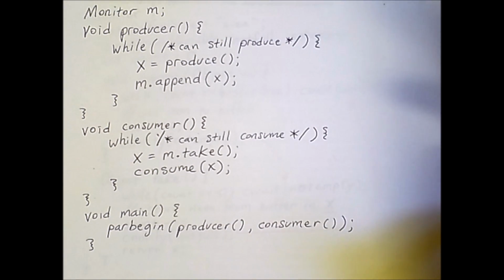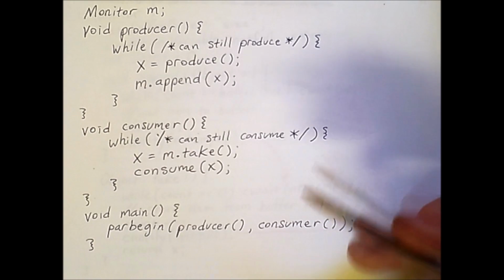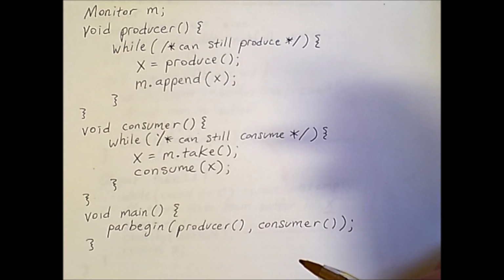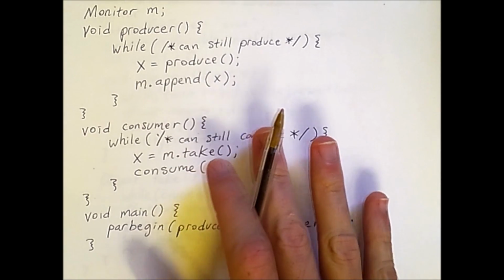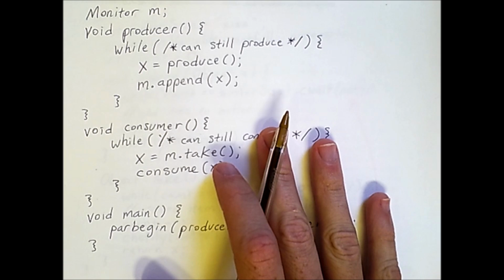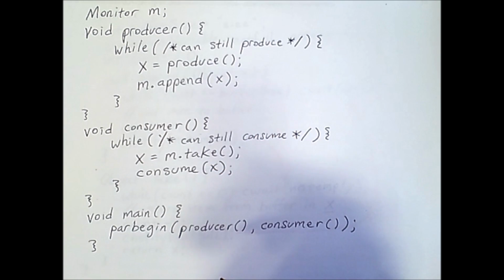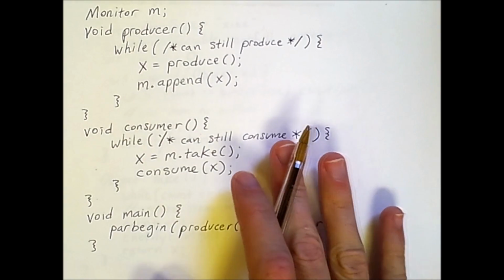Now, of course, even if you don't have a monitor, you can simulate this by using mutexes, as we saw previously in a different video. But let me comment briefly on the similarities between this solution and the semaphore solution.